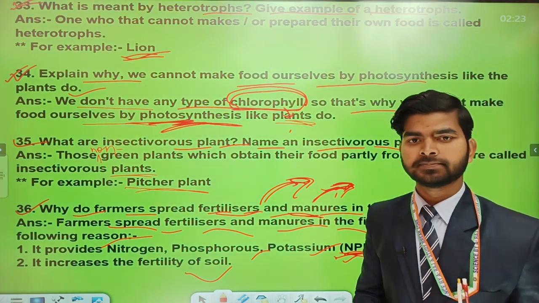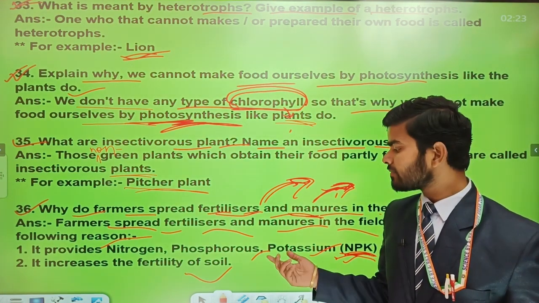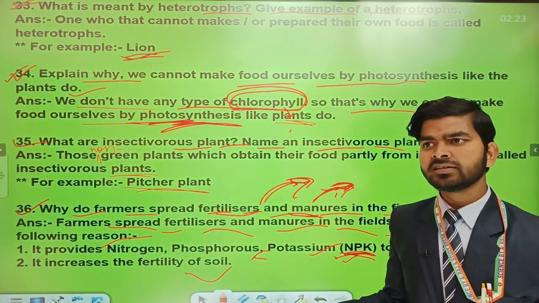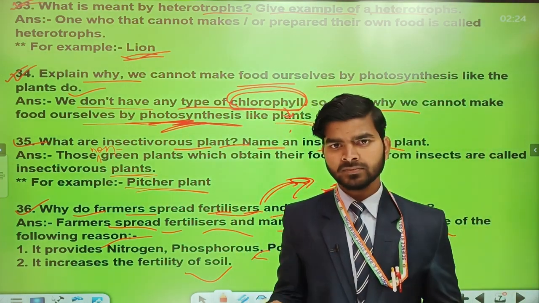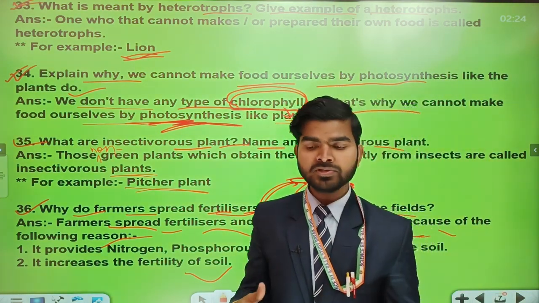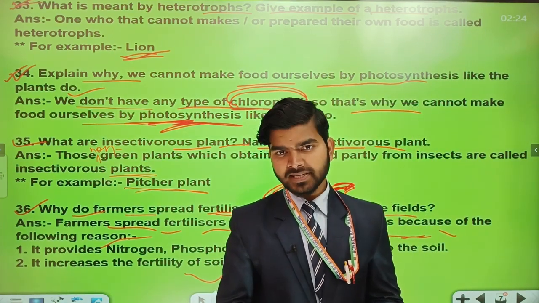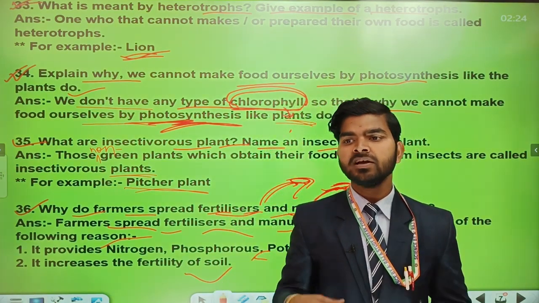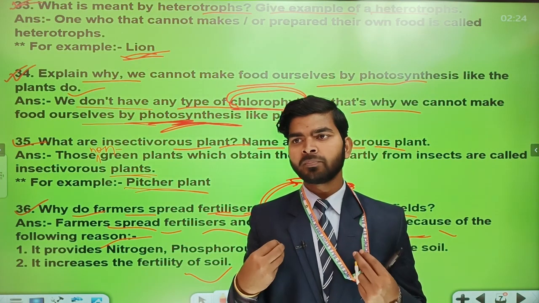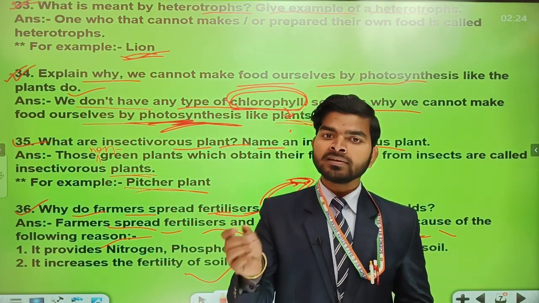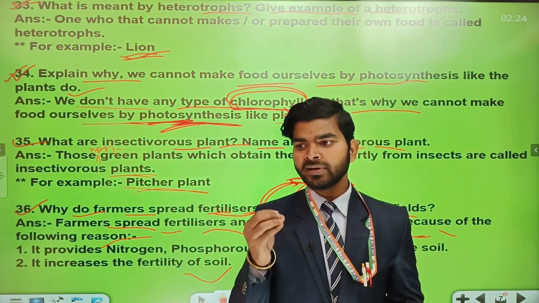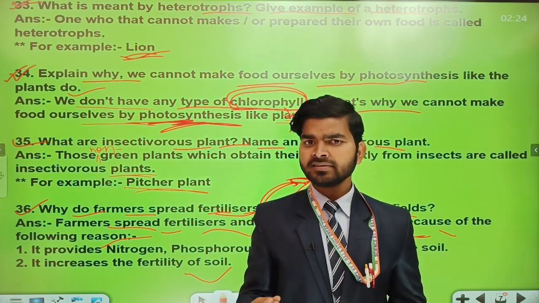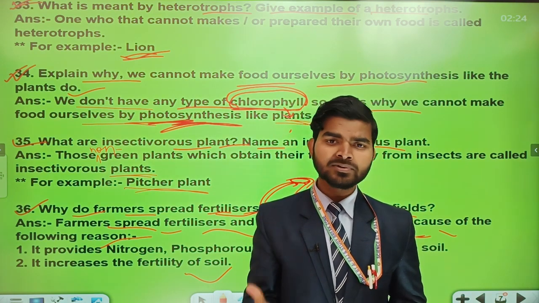Alright. And if soil gets nutrients, that means your crops will become more productive, or you can produce more yields. Obviously, yes. So that's why farmers spread fertilizers or manures, in order to fulfill the nutrient requirement of the soil. Because if soil lacks nutrients, then plants cannot take nutrients from the soil.